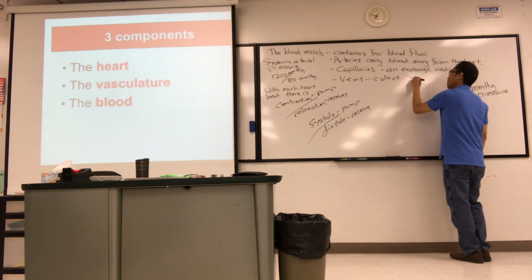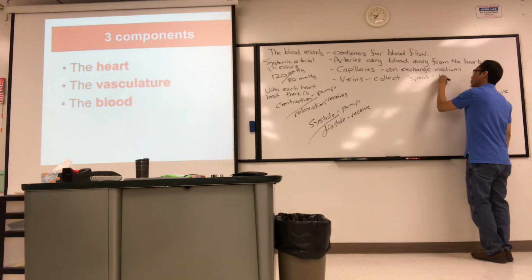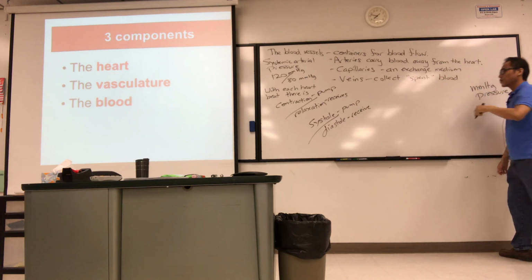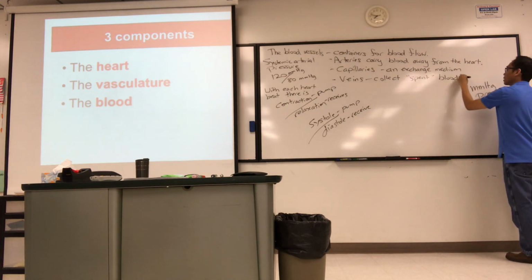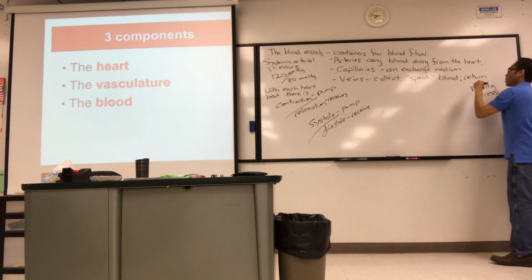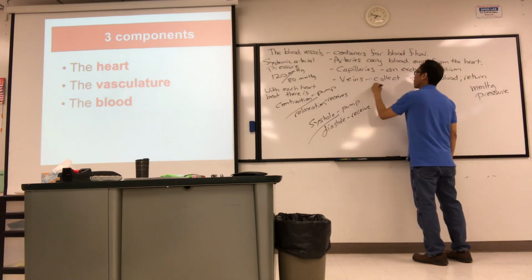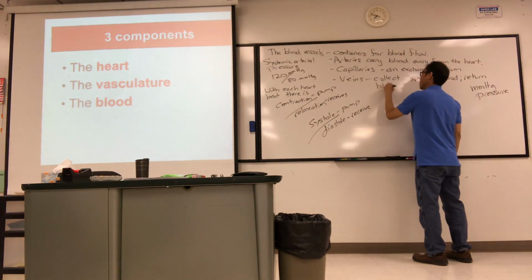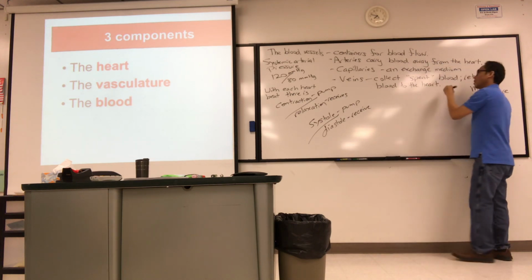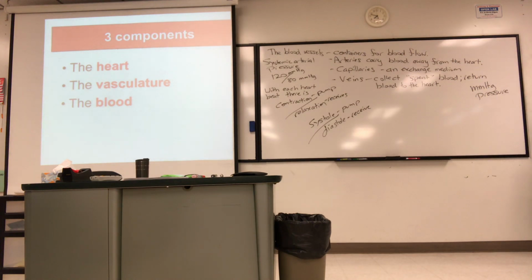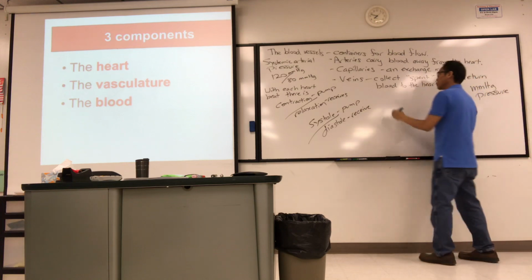Collect, quote unquote, spent blood, return it to the heart. So that's the other rule to memorize. Arteries carry blood away from the heart, veins return it. And it's called venous return. That's the physiology term. Cardiac output, venous return.